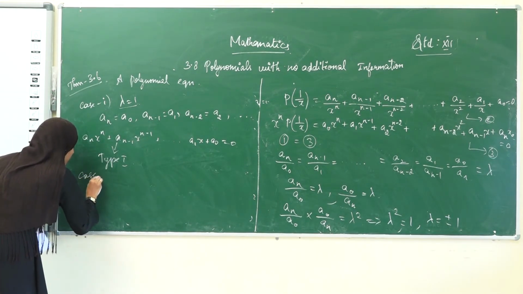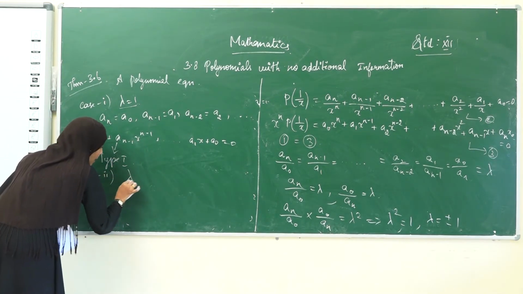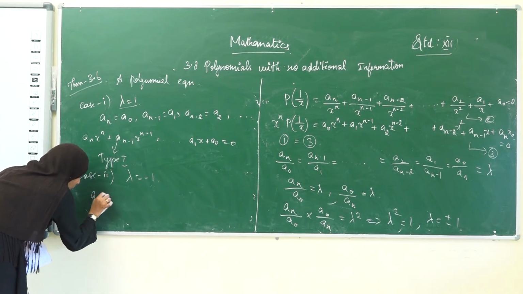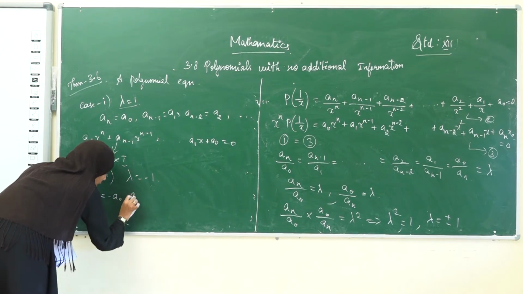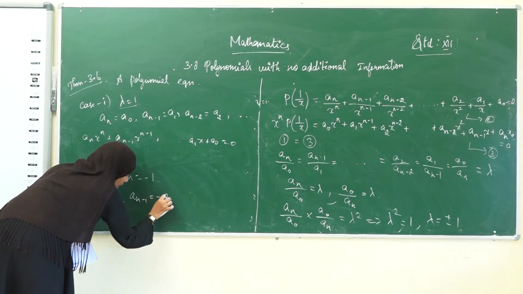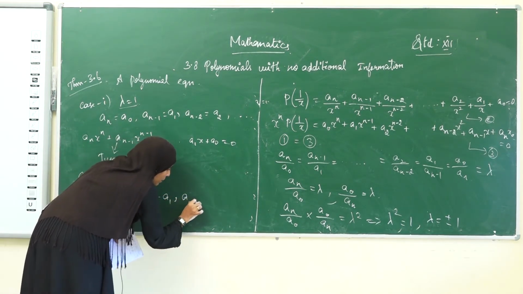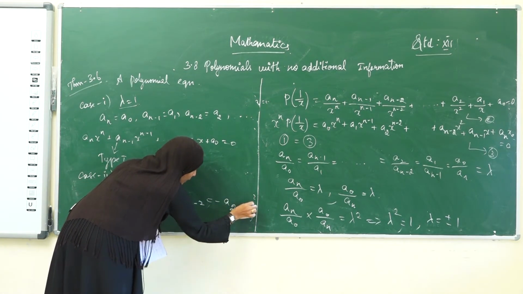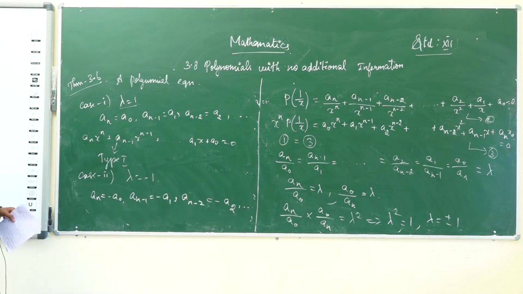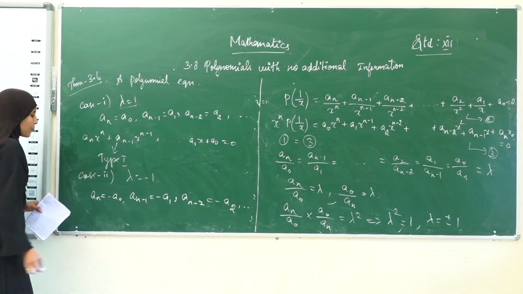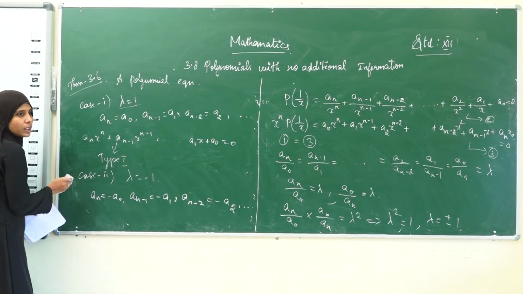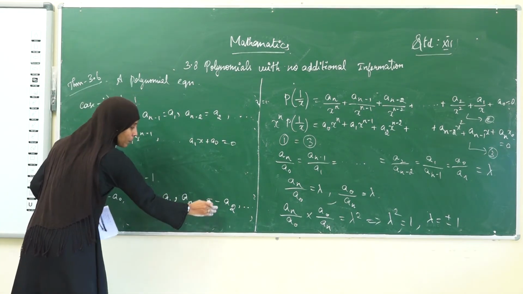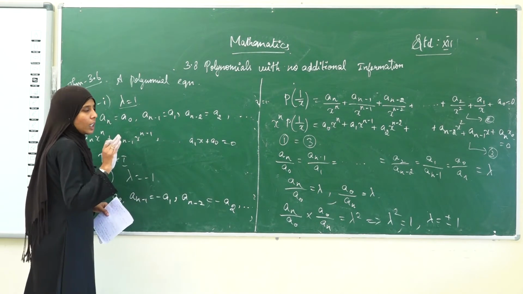Let us move on to case 2. Case 2 is when lambda's value is minus 1. What will be the answer we get? a n is equal to minus a naught, a n minus 1 is equal to minus a1, a n minus 2 is equal to minus a2, etc. These terms can be said to have coefficients from the starting term equal to the coefficients from the ending term, but not in sign.